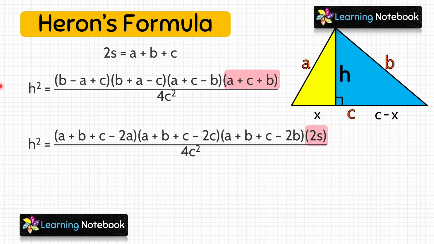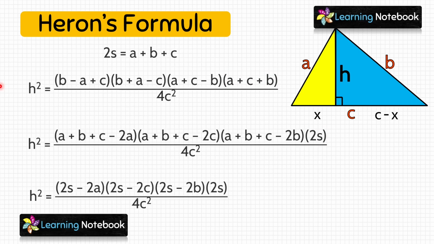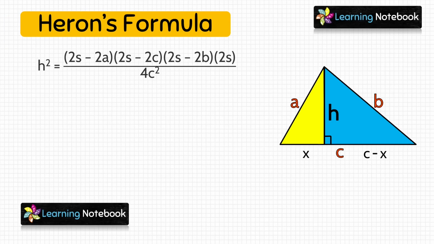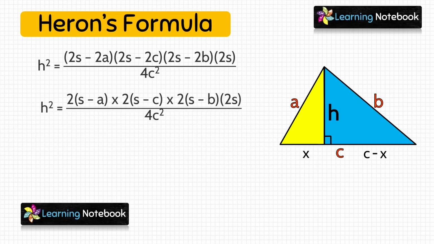2s. Now students, let's substitute a plus b plus c in all these 3 brackets as 2s. And we get the value of h square as shown here. Now students, let's take 2 common from all the brackets and then simplify.